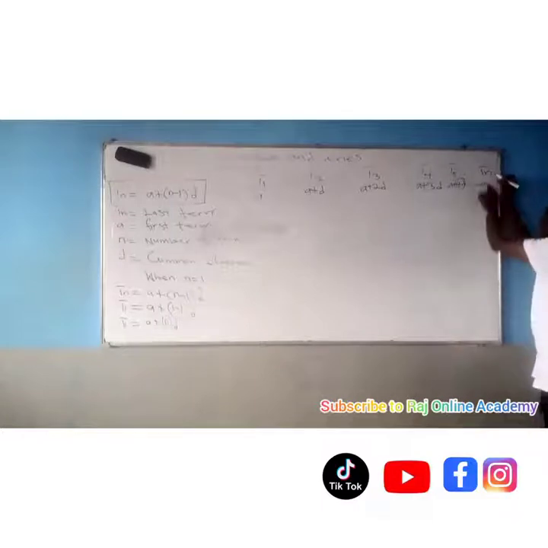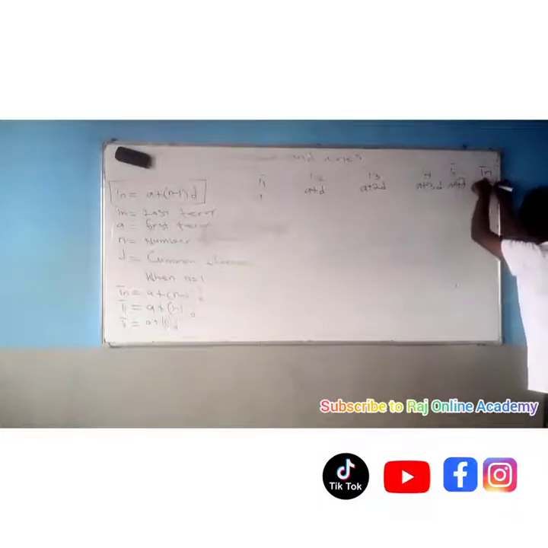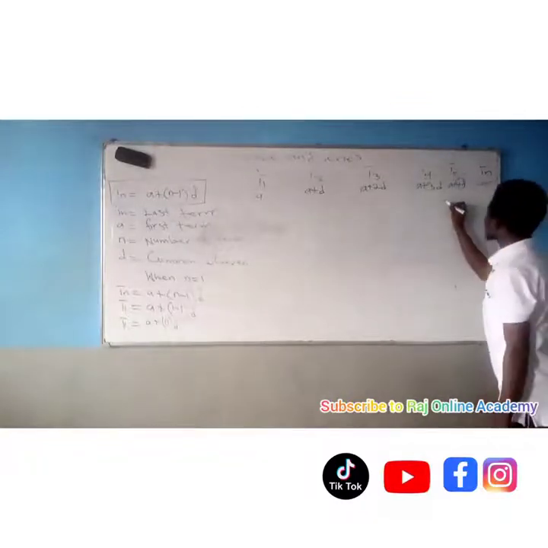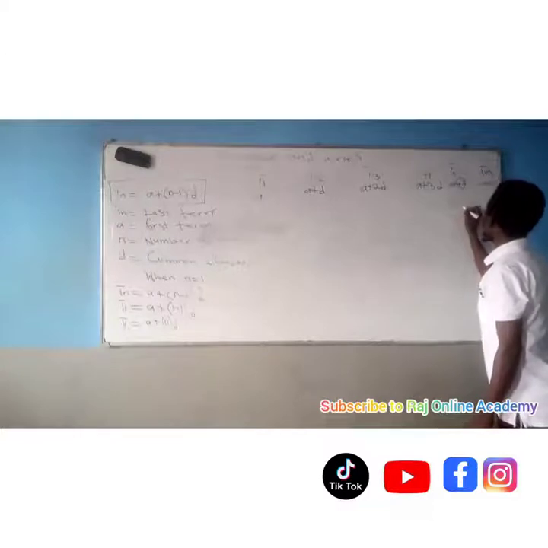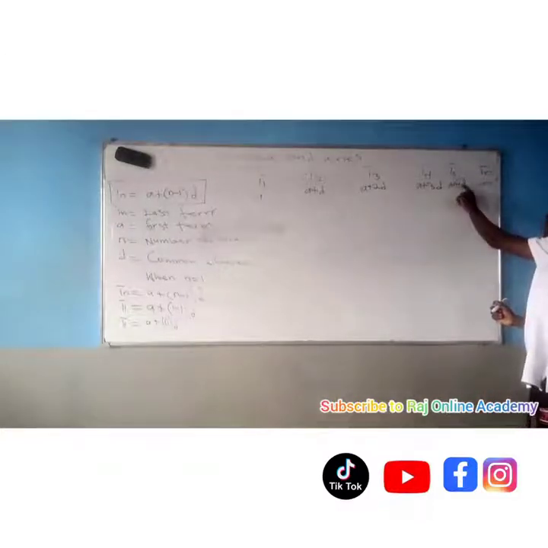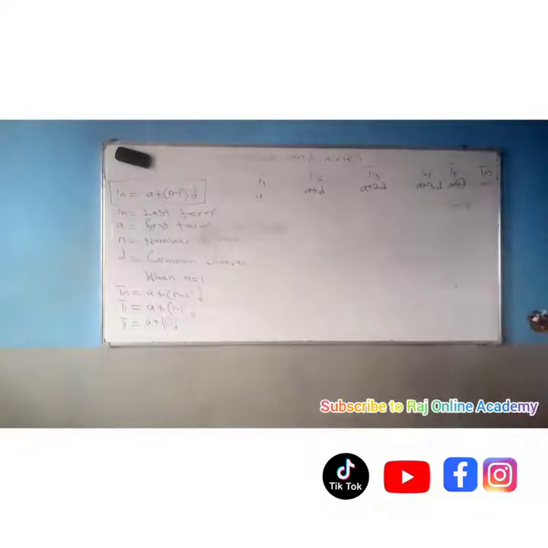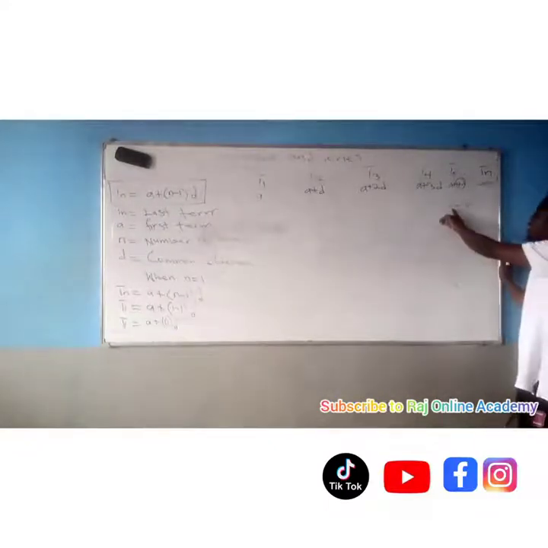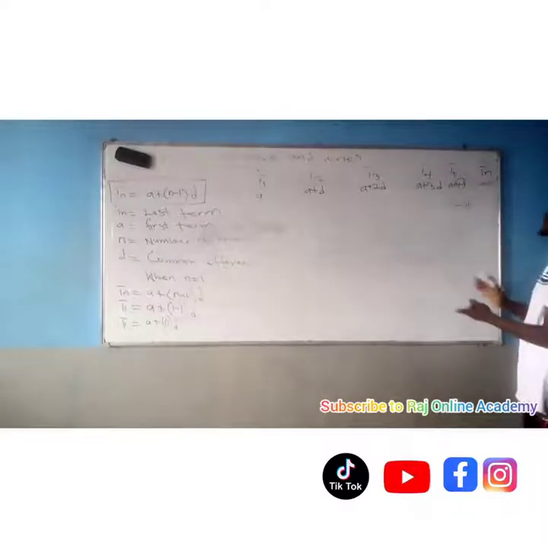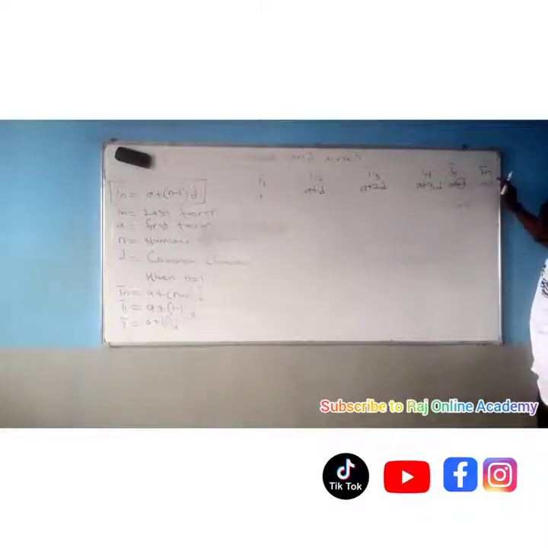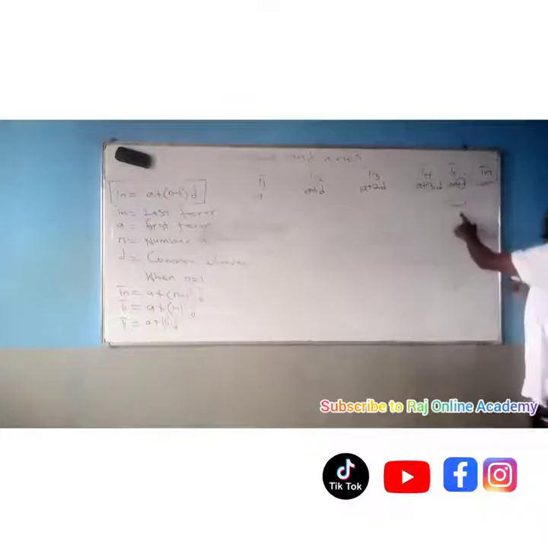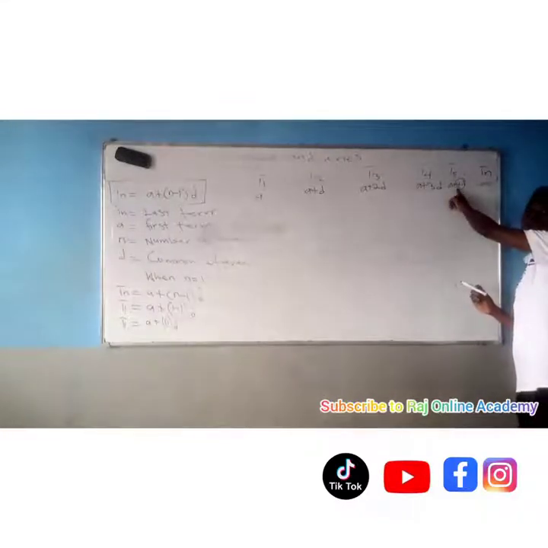Now here, what do you observe? Here we have T5, here we have Tn. So we can take n minus, because this is the same as T5 minus the common difference, which is minus 4. If you say T5 minus 1, we are going to have 4 as an answer.